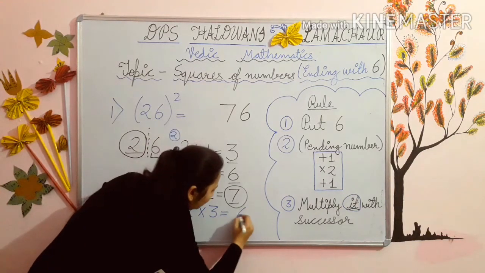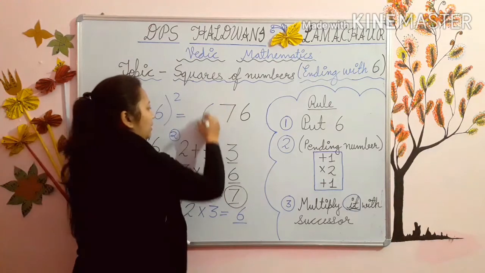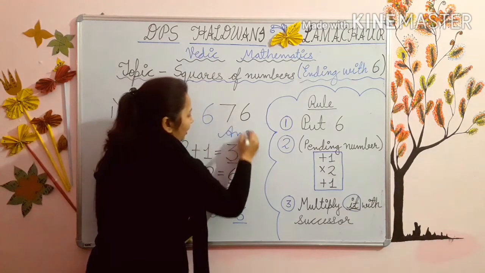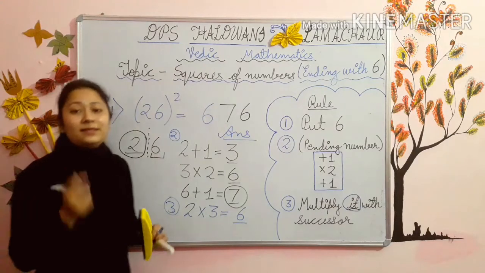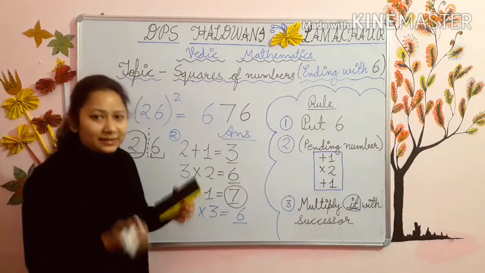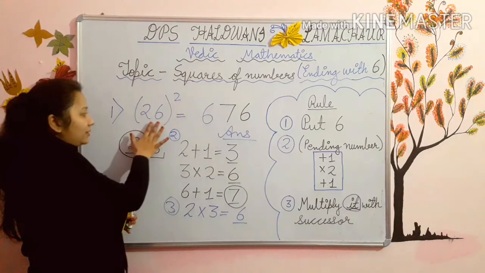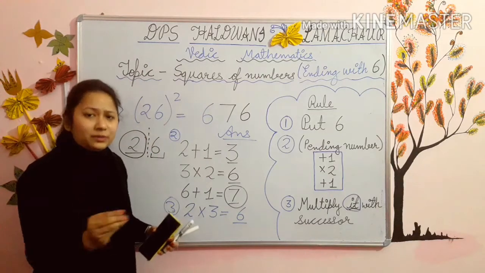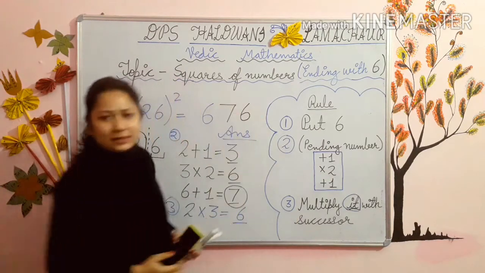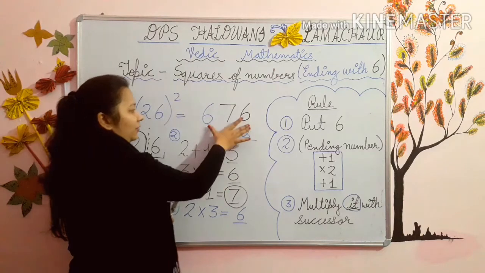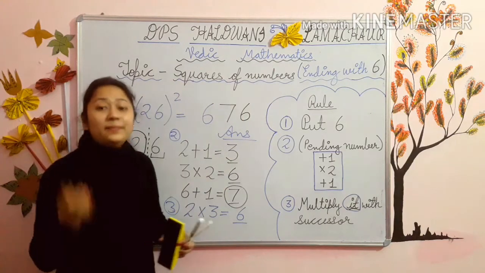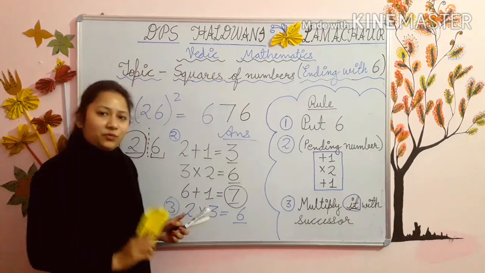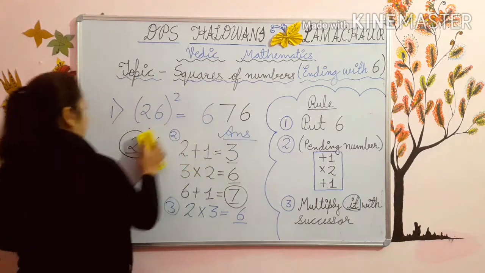So 3 2s are 6. And put the 6 here. And this is your answer. Your answer is 676. Students, you can see how easily you have squared this number by using a simple trick, or you can say rule, and your answer is here in some seconds. Now kids, move to the second sum.